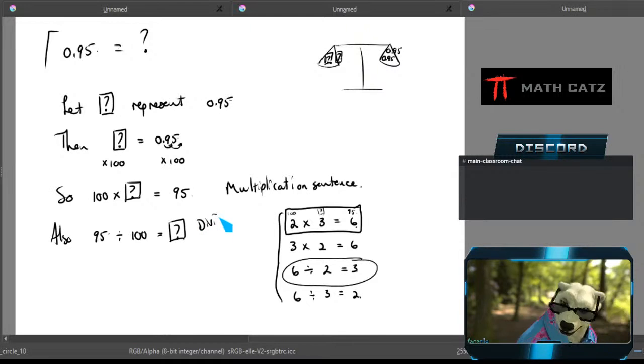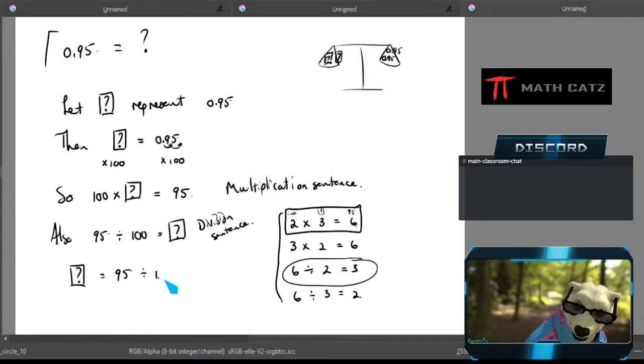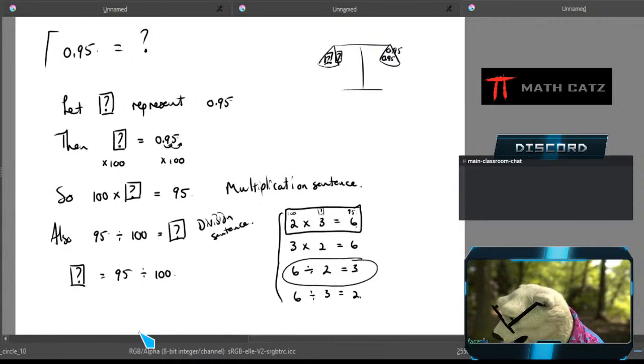This is one of my division sentences, and because I'm trying to figure out the question mark in a box, I want that guy alone on one side. Now if the left side balances the right side, then the right side balances the left side, so it really doesn't matter which way you write it. I'm just going to turn it around because I like my symbol on the left.